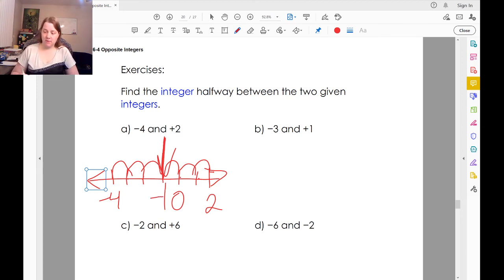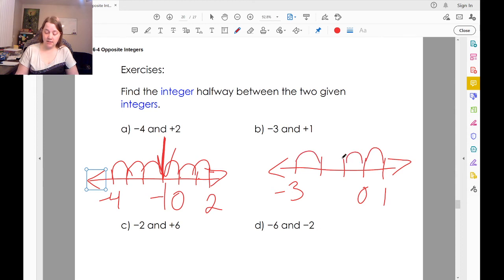And you would do the same thing for this one. -3, -2, -1, 0, +1. Let's take our step in, step in, step in, step in. We have our midpoint there, and our midpoint is -1.